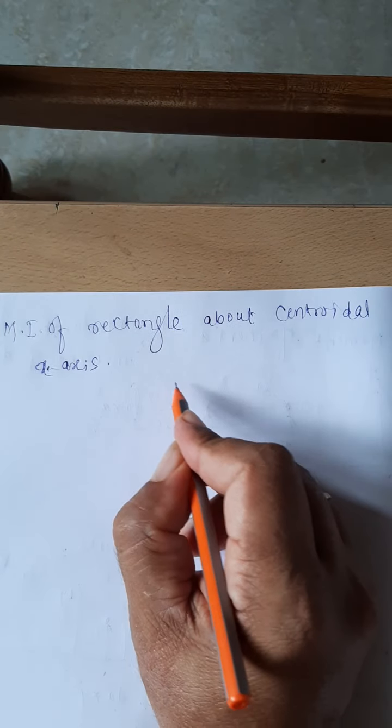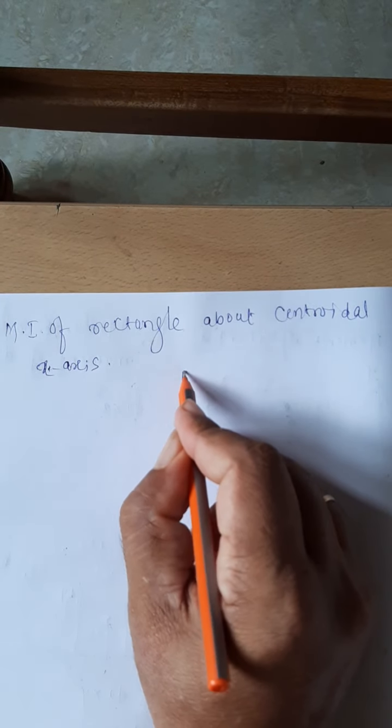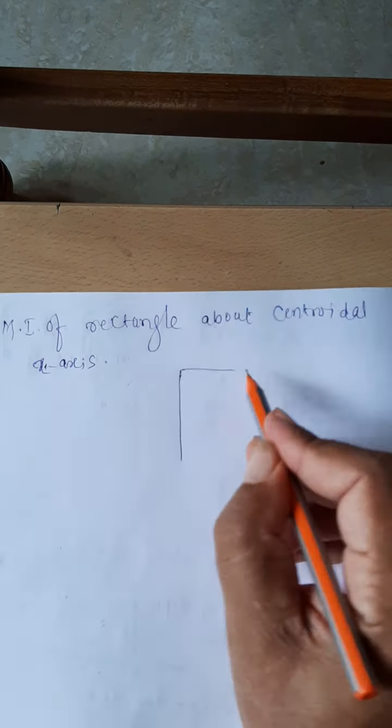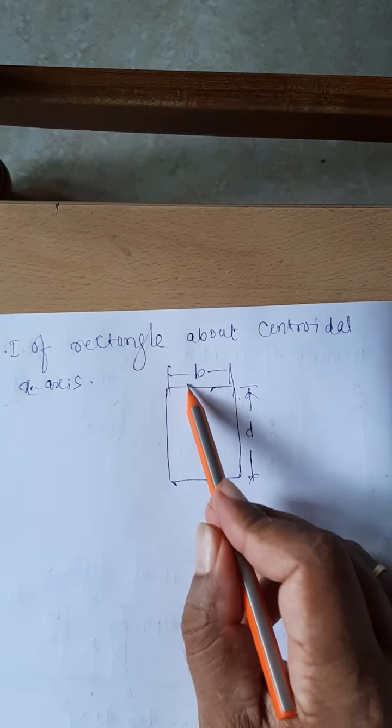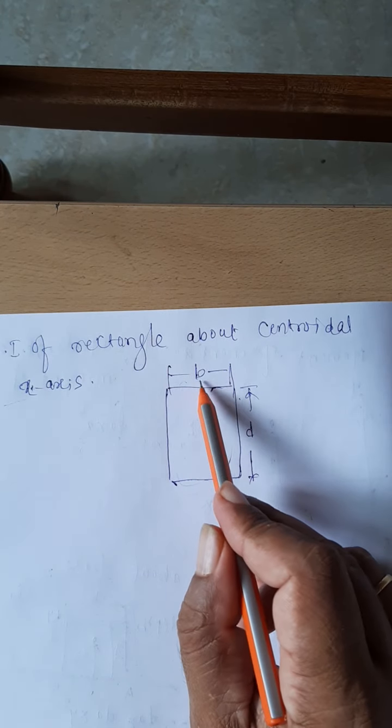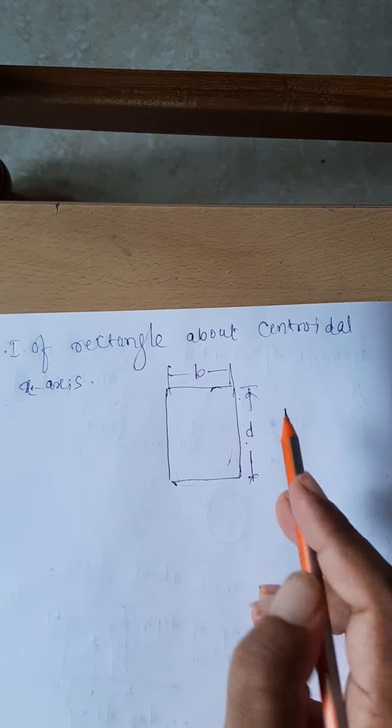What does that mean? For that you consider a rectangle. The width of the rectangle is equal to b and the depth of the rectangle is equal to d.